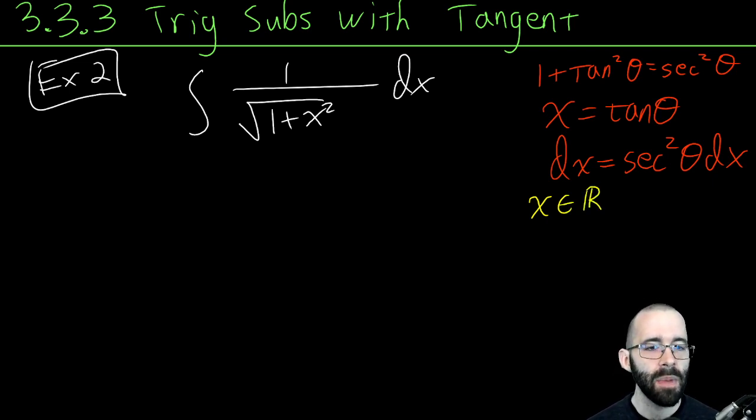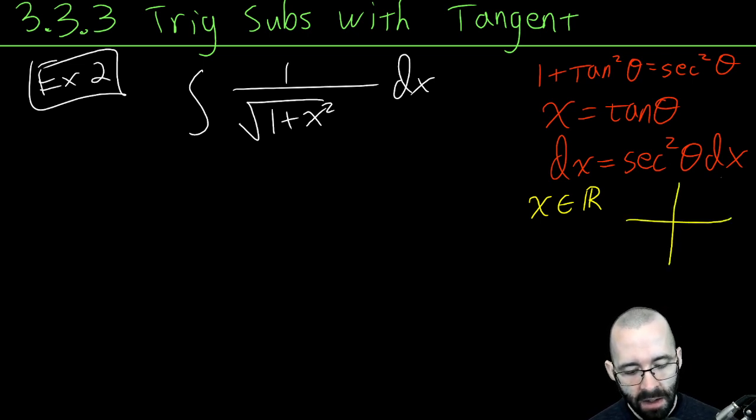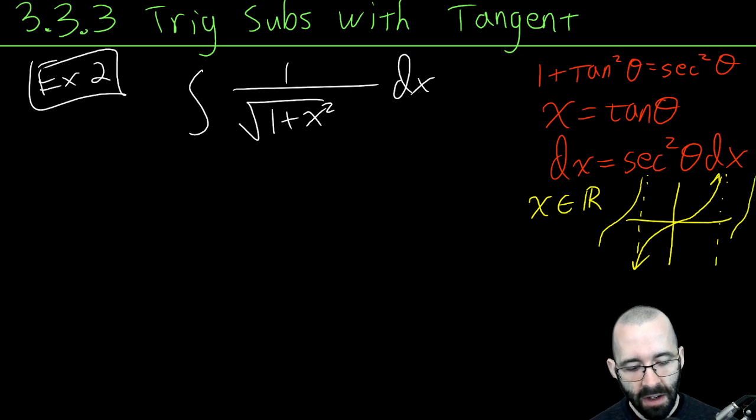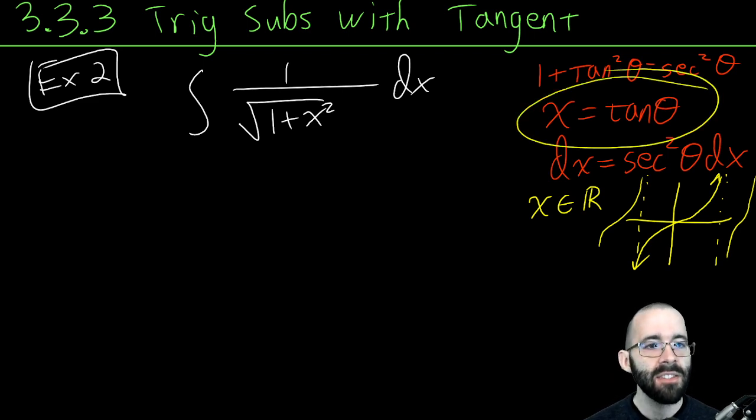So what is theta going to be? Remember the graph of tangent, rather. It looks like this, and then it repeats forever. So if the output x is the range of tangent, to get an output of anything, what does theta have to be?